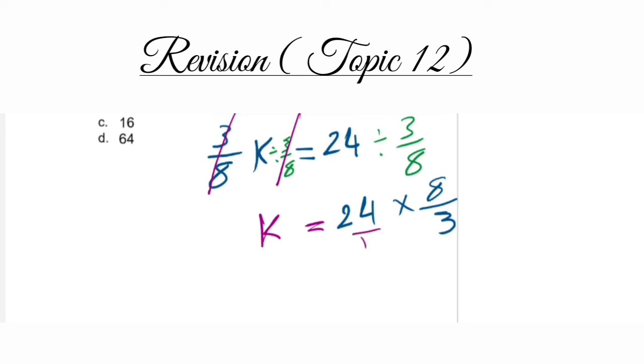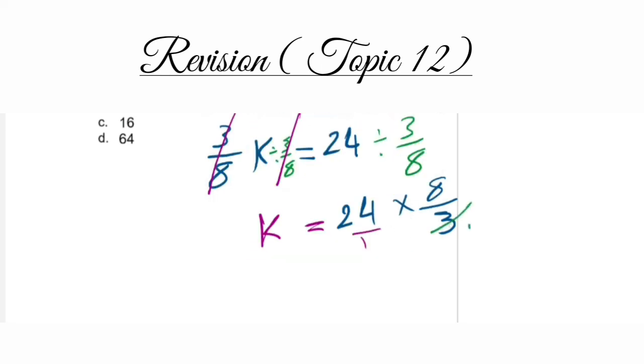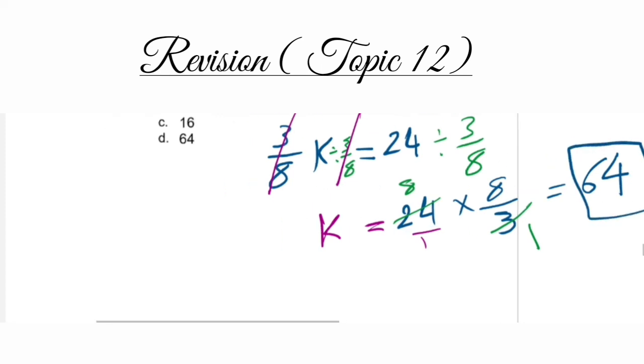So I have a denominator 1 here. 3 divided by 3 is 1, and 24 divided by 3 is 8. So it's 8 multiplied by 8, which is 64, and down here we have 1 multiplied by 1, which is 1, so we don't need to write it. Okay, so the answer is 64.